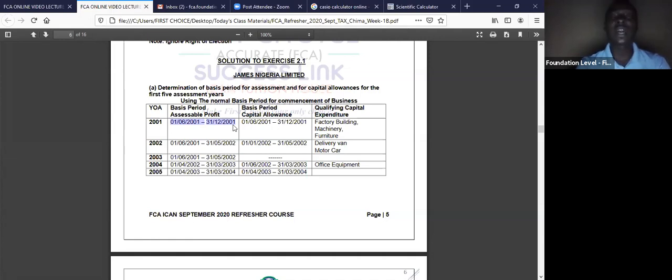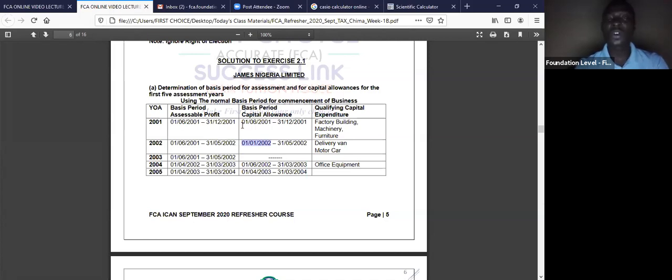So you see where this one ends, December 31st, 2001. Look for the next day. So if you look at it here, we have already treated from June to December. So look for the next day, January 1, 2002. That is where this capital allowance basis period will start. Now, mind you, you can find it inside this basis period for profit.